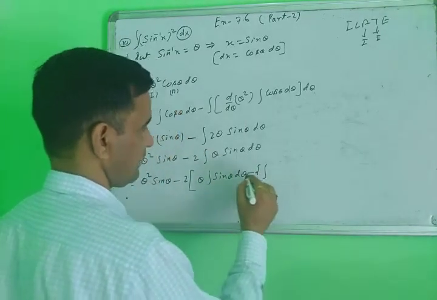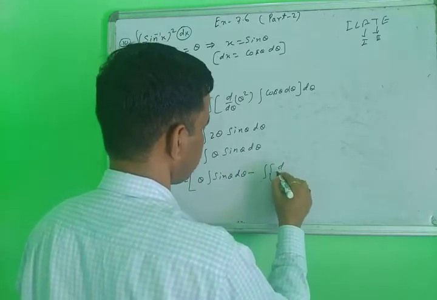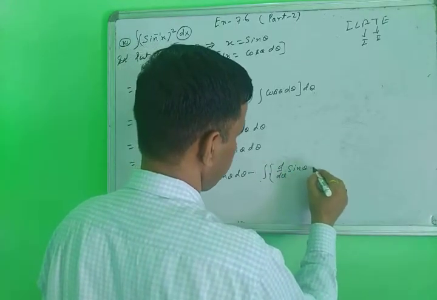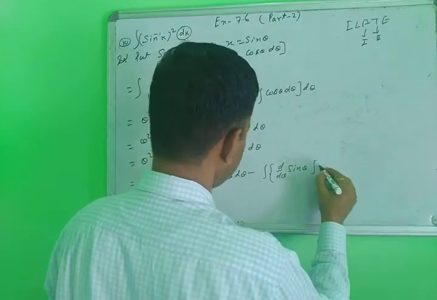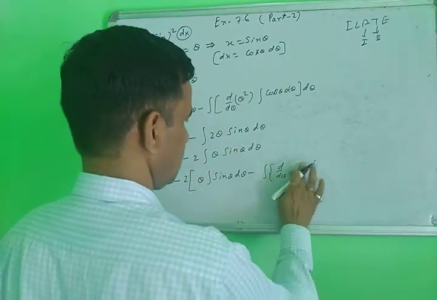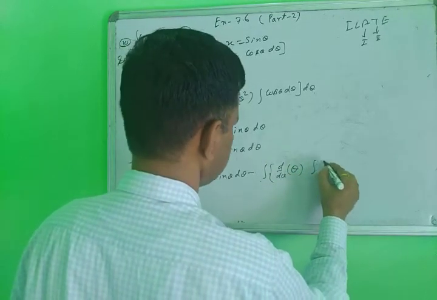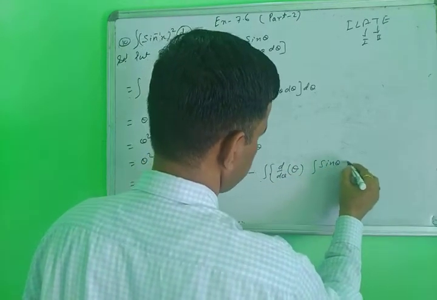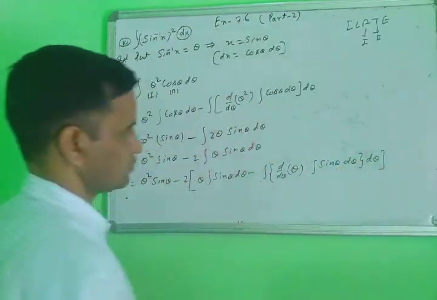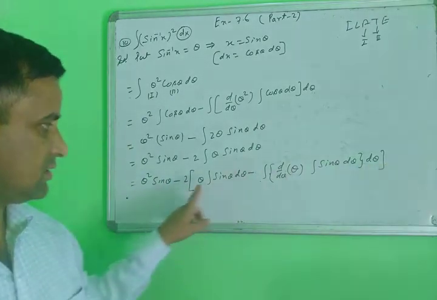integration of differentiation of the first function and integration of the second function d theta, and this will be closed, because these two multiply the whole part.